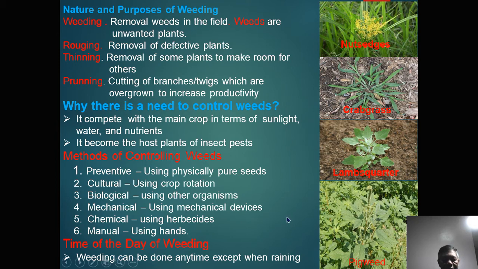Then the last is time of the day of weeding. Actually, weeding can be done anytime except when raining.